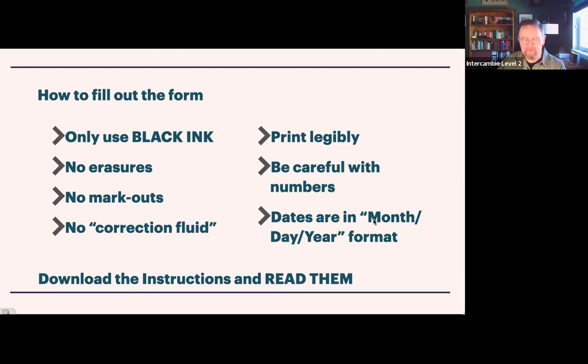And try to use zeros for January through September, where you have just a single digit, 9 for September or 1 for January. Make it 01 or 09 or 02 for February. Use that 0 as a placeholder. Do the same thing for the day of the month.